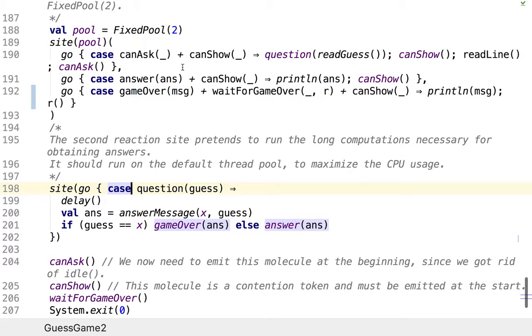This reaction site actually works on the user interface, so to speak, in this game. And usually user interface threads must be high priority, so they must not become busy or starved. And that's what we do here by giving them a separate thread pool.